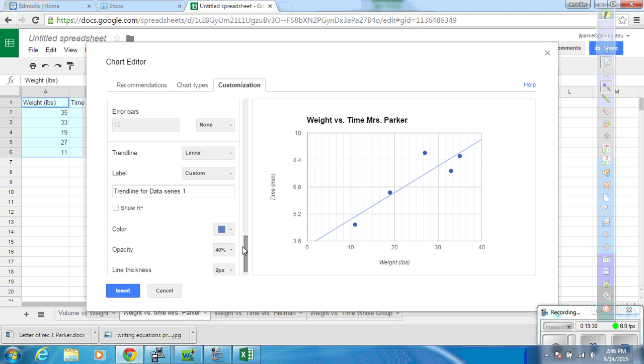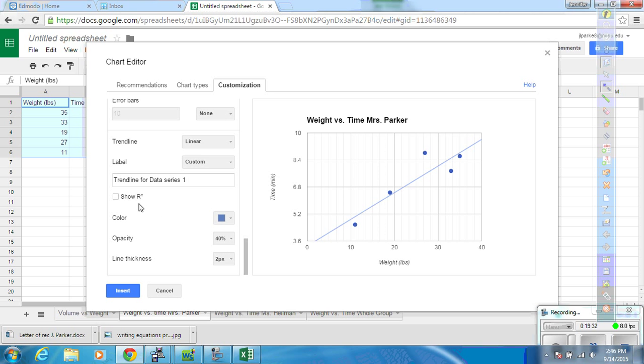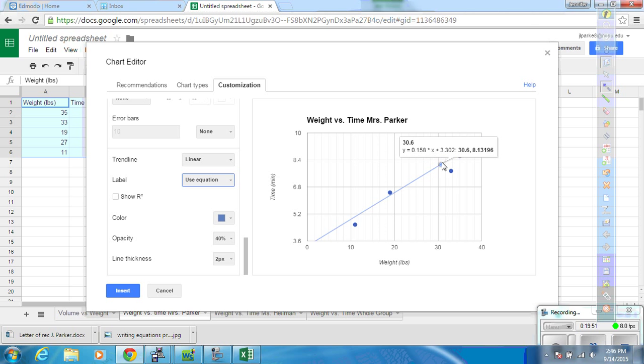All right. And then when you do that, one of the things you want to do is, let's see, trend line, linear, label. At label, you want to make sure you say use equation, because that's going to actually give you the equation of the line, and it should put it on the actual chart.